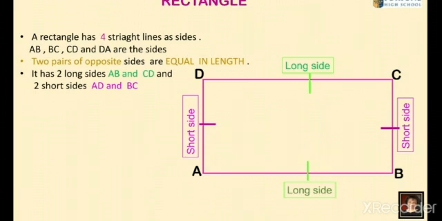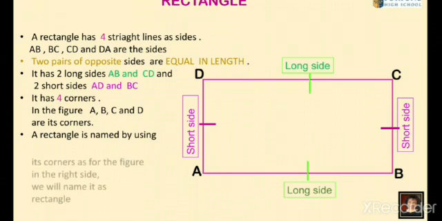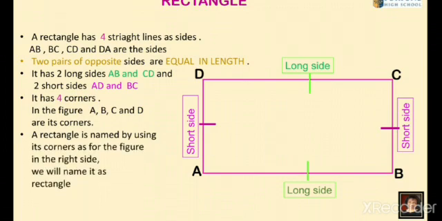These 2 are equal in length. It has 4 corners. In the figure, A, B, C and D are the corners of the rectangle. A rectangle is named by using its corners. As for the figure on the right side, we will name it rectangle ABCD.